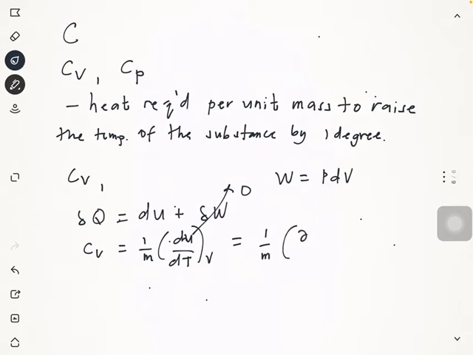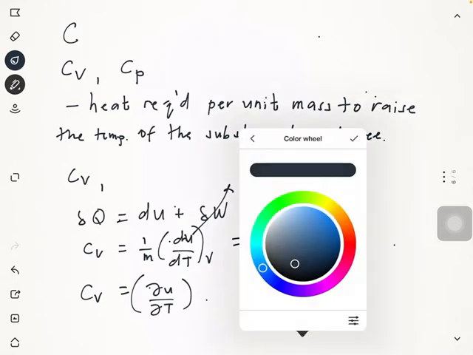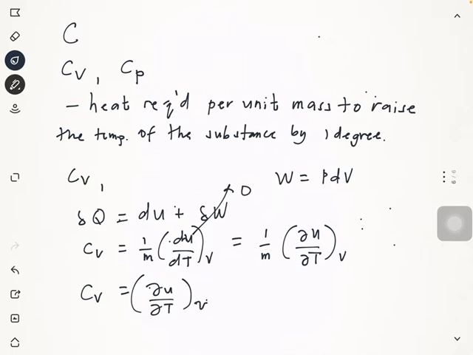You can write that as the partial of U with respect to temperature, where we have that CV is the partial of u with respect to temperature. This is small letter u, considering a constant volume process.